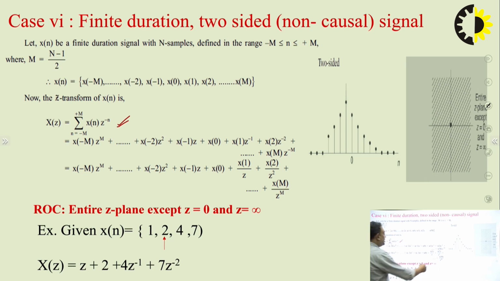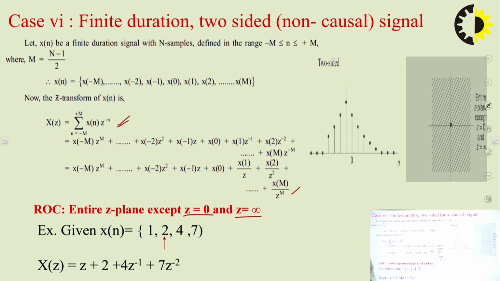Important thing is that here you will get positive powers of z as well as negative powers of z. So for either z equals 0 or z equals infinity, you will get X(z) equals infinity. So the ROC is the entire z plane except z equals 0 and z equals infinity.